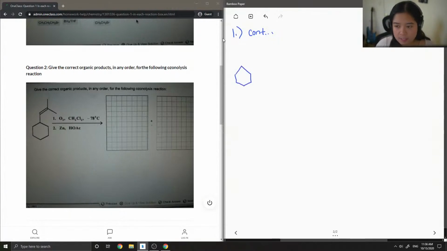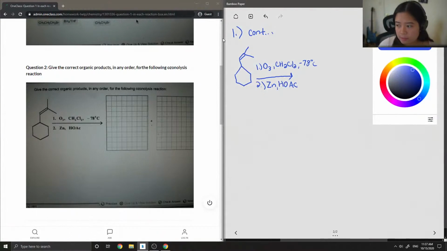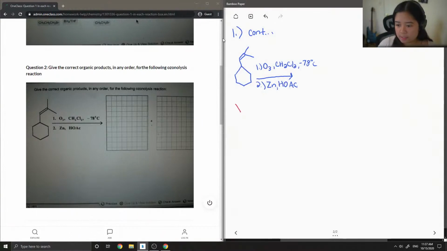Okay, so we have this hexane, and at the top we have this double bond. With these conditions, this is known as an ozonolysis reaction. Let me write down what the ozonolysis reaction is.